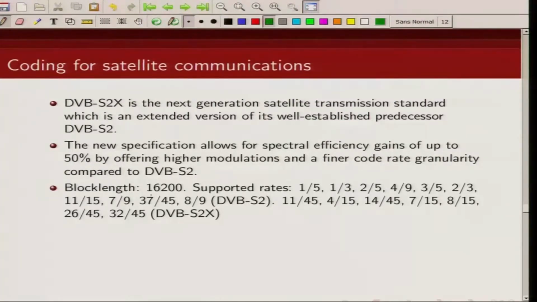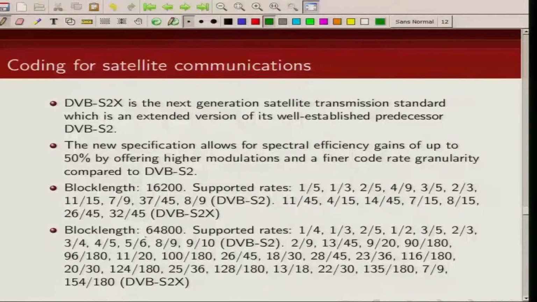You can see for the block length of 16,200, these were the rates supported by DVB-S2. Now DVB-S2X can support these further rates, providing much finer code rate granularity compared to the DVB-S2 standard. Similarly, for a block size of 64,800, the rates that you see here were not supported in DVB-S2, but are supported in DVB-S2X.